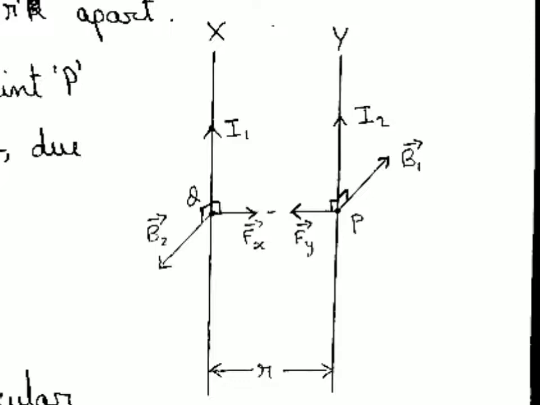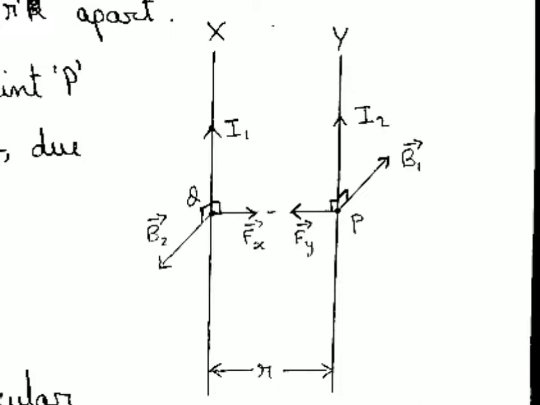So put your fingers along the direction of I1, then close them towards B2, and as you close, you extend the thumb, and the thumb will give the direction of the force Fx, which is towards the conductor Y. So the force Fx is towards the conductor Y, and the force Fy is towards the conductor X. Hence, these two parallel conductors carrying current in the same direction will attract one another.